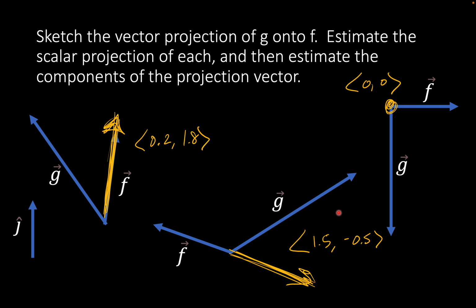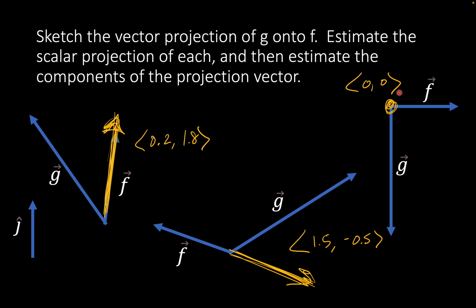For this position of vectors, when the angle between them is obtuse, when I cast shadow of G onto F perpendicularly, it actually happens to be the case that the vector projection would be pointing opposite to the vector F. So the components of the vector projection would be roughly 1.2 and negative 0.5.